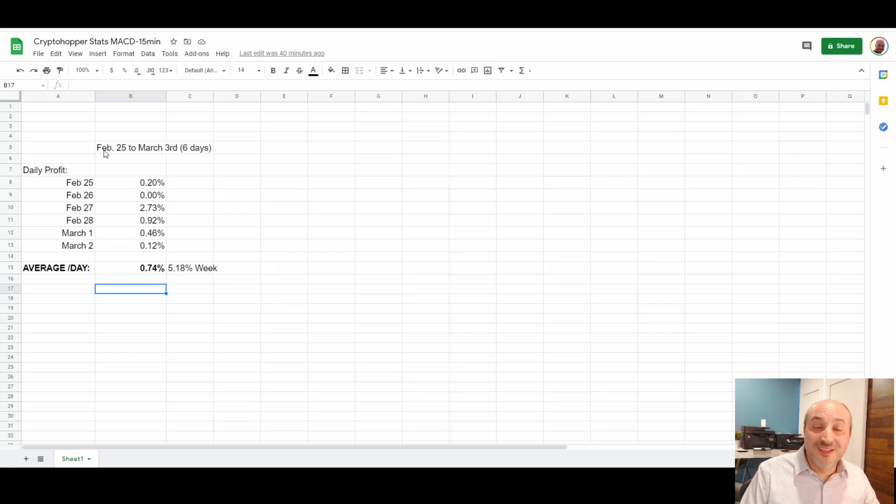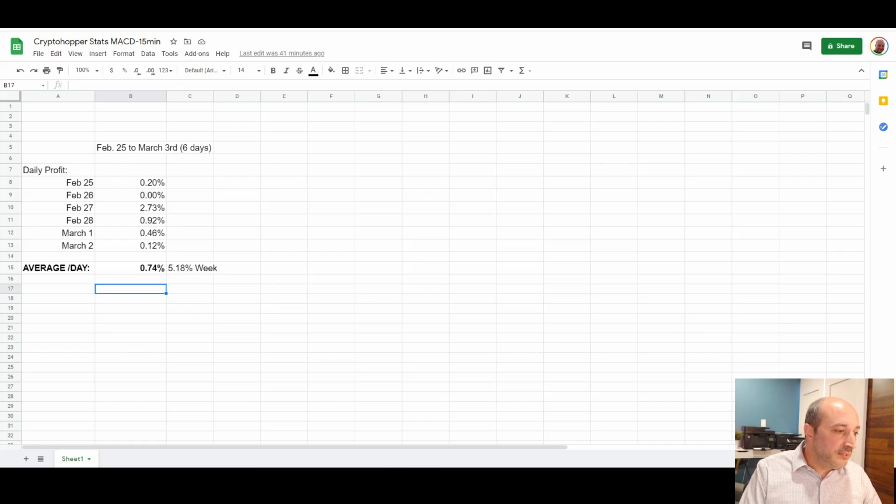And let me show you. It's good to know the strategy doesn't work only when the market is on the uptrend. It has to work also when it's going down, or if it's just ranging, moving sideways. So it was from the 25th.